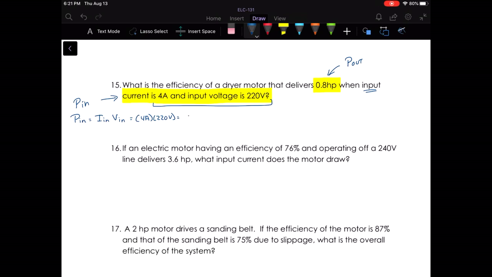So we've got about 880 watts that we're applying to the system. Now the output power is given in horsepower, so I'm going to convert to watts. 0.8 horsepower at 736 watts per horsepower, so the output power is about 596.8 watts.